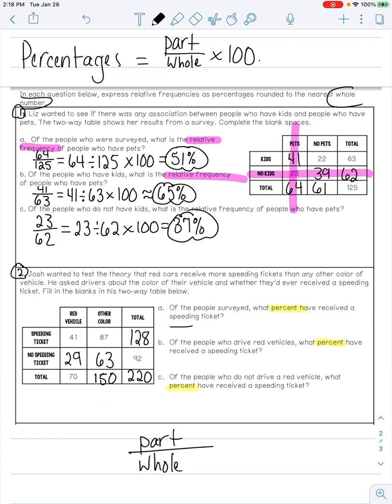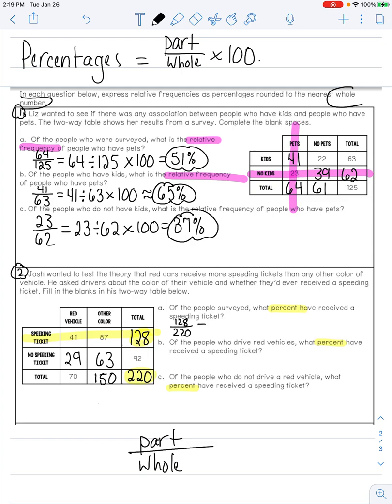Of the people surveyed, what percent have received a speeding ticket? So how many people were surveyed? 220. That's our whole. What part of the people surveyed received a speeding ticket? Well, let's see how many received a speeding ticket. Looks like 128 people. So I'm on my way to getting my percent, but I'm not there yet.